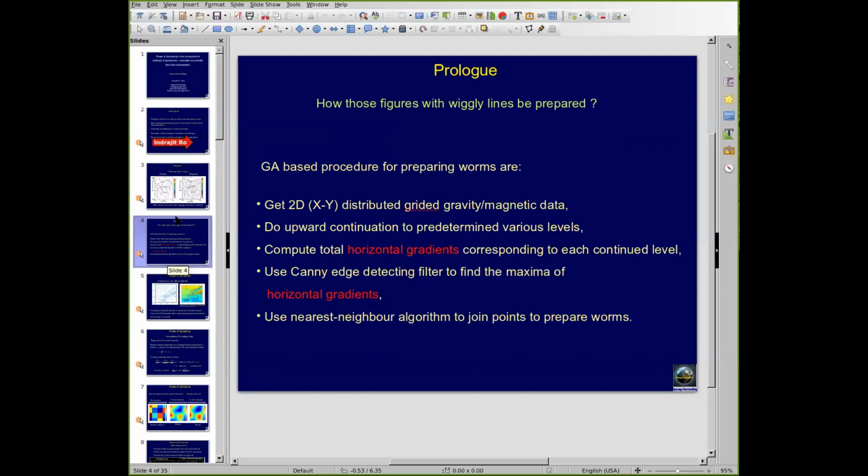GA-based procedures for preparing worms basically generate 2D distributed gravity and magnetic data.